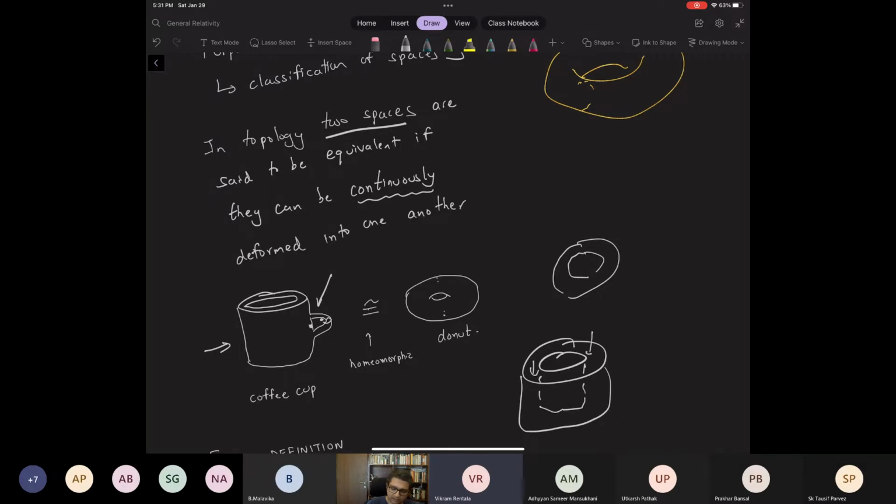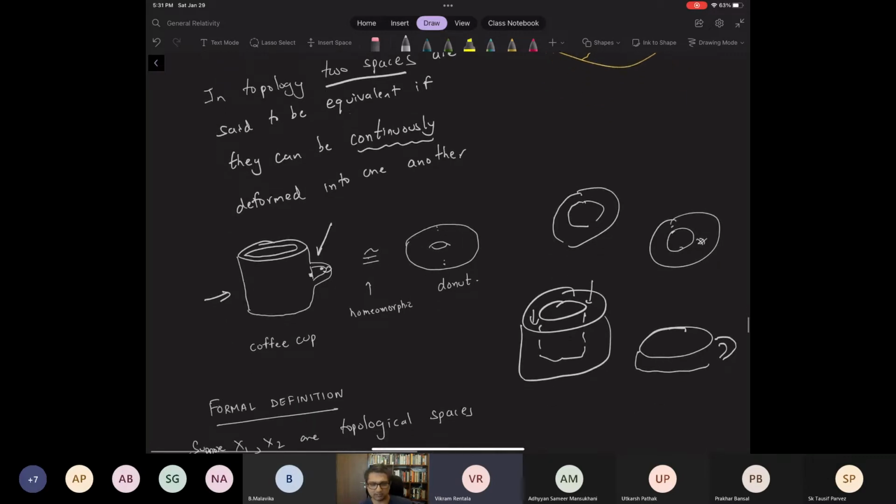So you can continuously keep deforming it till it's sort of flat like this. And then this flat part now has a handle, okay? And now this flat part, you can just compress it, and now it looks sort of like just a donut. Sorry, you have to think of the handle as a solid handle. The solid handle is like the arm of the donut.